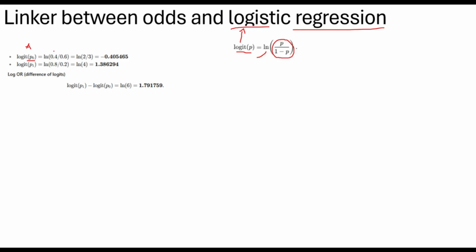There was 40%, or 0.4, chance of cancer, an event that occurred, and then the event that didn't occur, which was healthy. When you simplify these, you get 2 divided by 3. And when you take the logarithm of this 2 by 3, you will get these numbers.